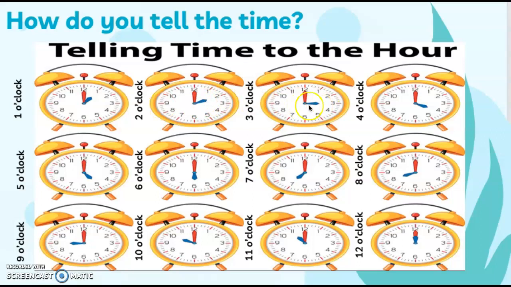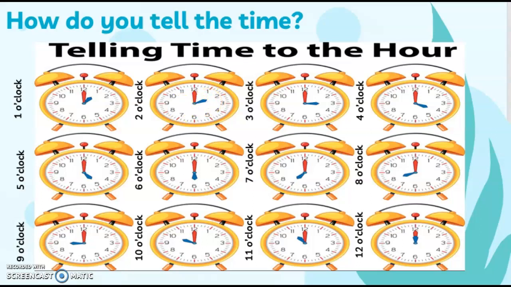This one will be 3 o'clock. You only say the hour number. When the long hand starts at number 12, you just mention the hour number, which can be referred to the short hand. And this one is at 11 o'clock, and this one is at 12 o'clock. So this is very simple. When the long hand shows at number 12, that means you only read the short hand number.